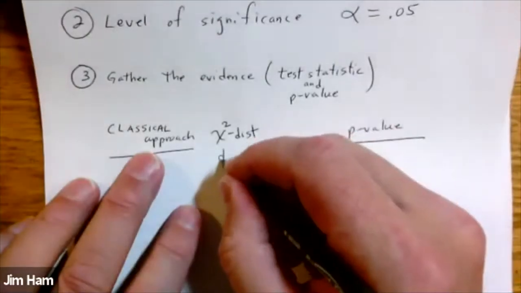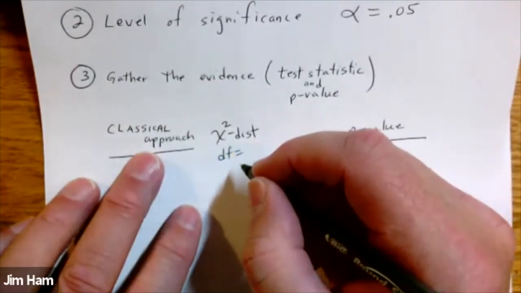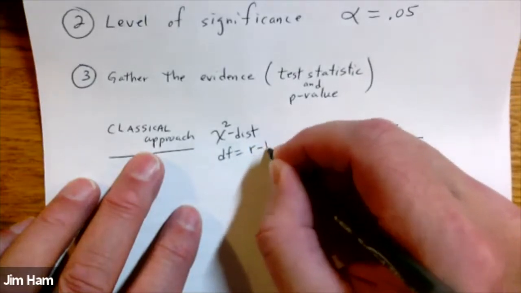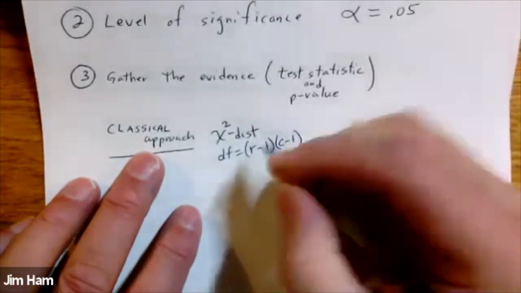And the degrees of freedom here, we're going to create a matrix that holds all of our frequency data, equals the number of rows minus 1, multiplied by the number of columns minus 1.